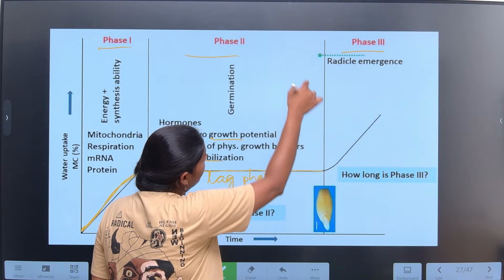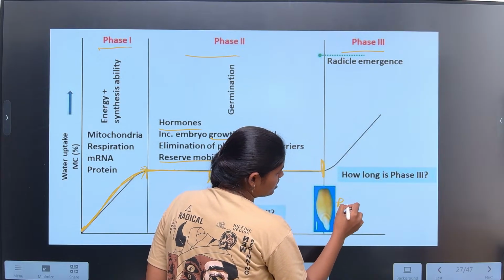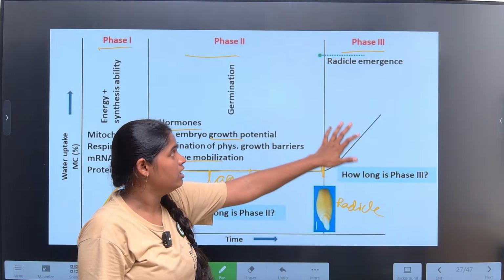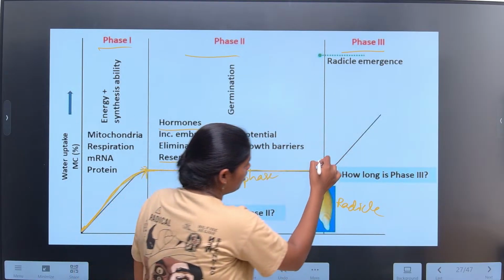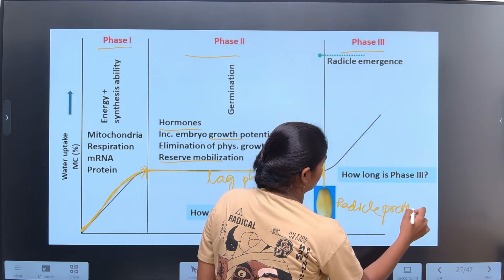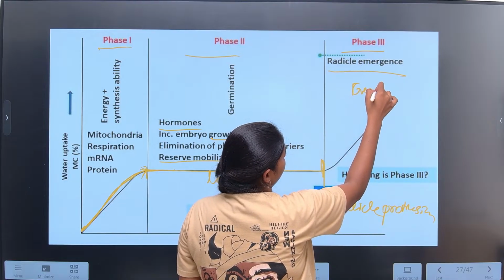And at the end of this period, radicle protrusion starts. Don't think that radicle protrusion will happen in phase 3. It has already started at the end of phase 2 itself. So radicle protrusion, then in phase 3, actual germination.